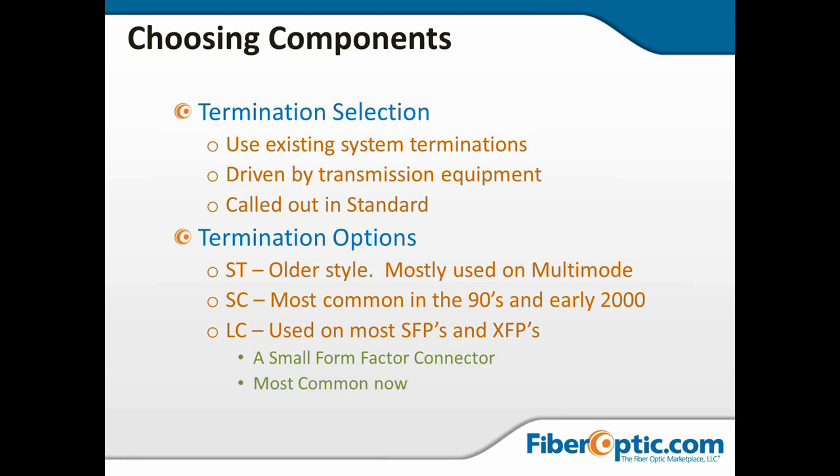A small rectangular connector with a key on it. Both the ST and the SC are the standard 2.5 millimeter ferrules, and you can get them in UPC, or ultra physical contact, or an angled polish connector.